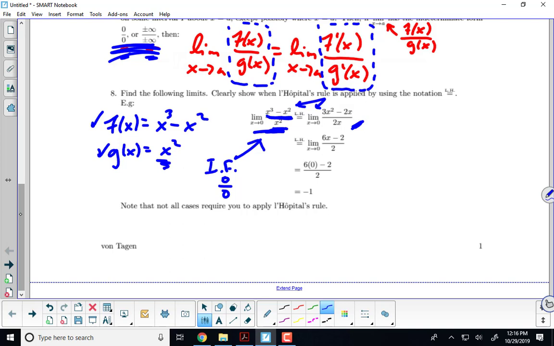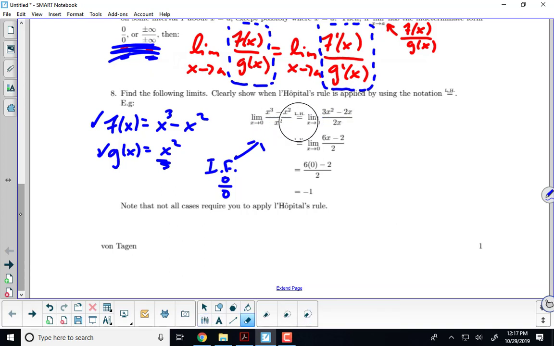The derivative of x cubed minus x squared is 3x squared minus 2x, and the derivative of the denominator, x squared, is 2x. Let me clean that up. Okay. So we went ahead and applied L'Hopital's rule here, and we got this new limit.